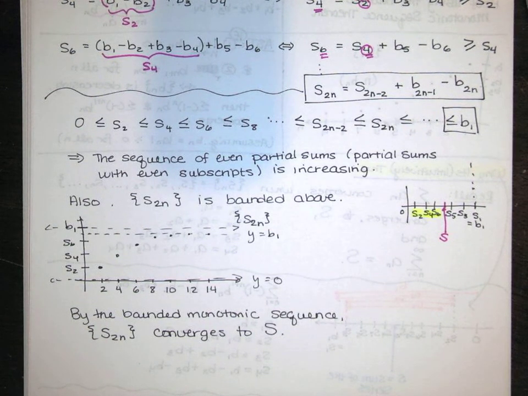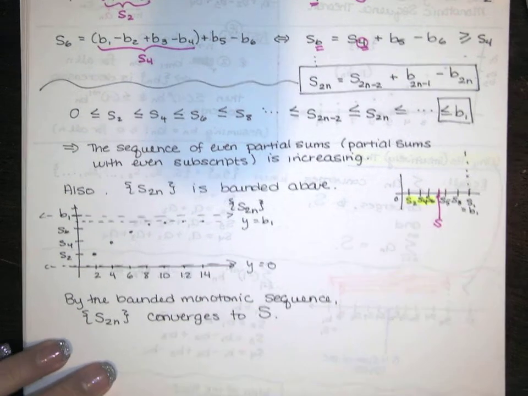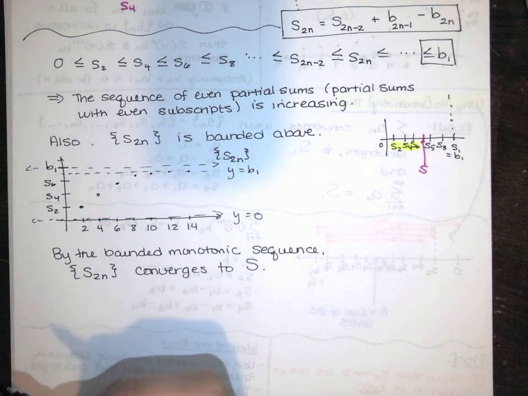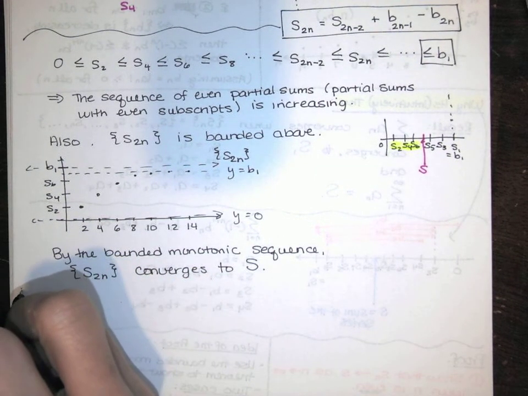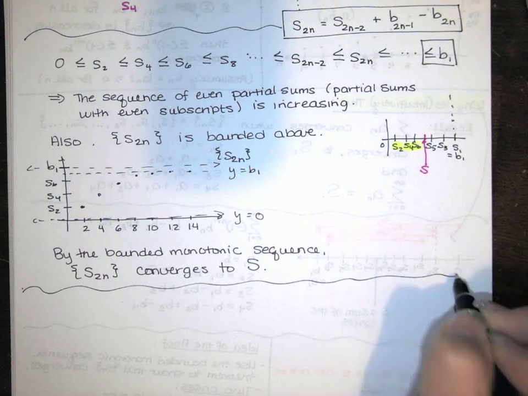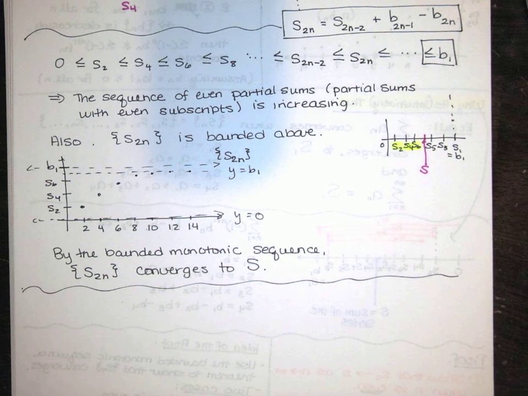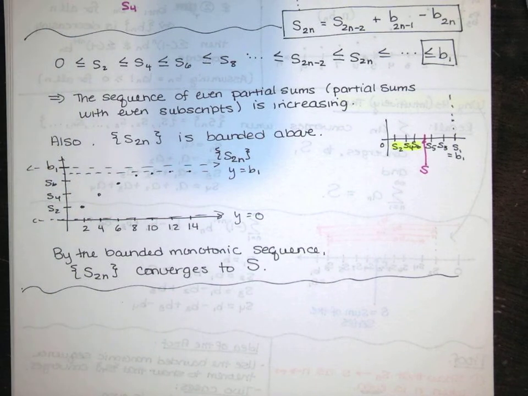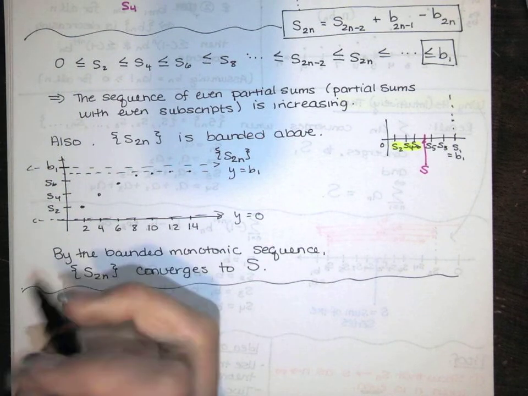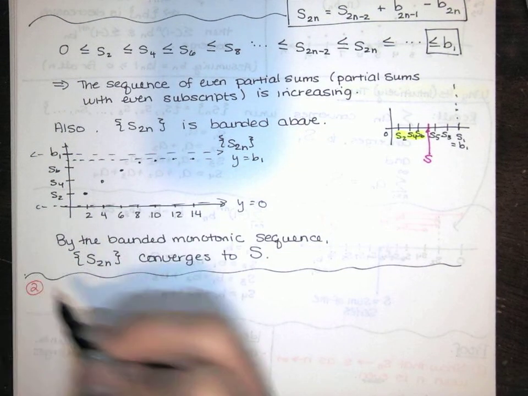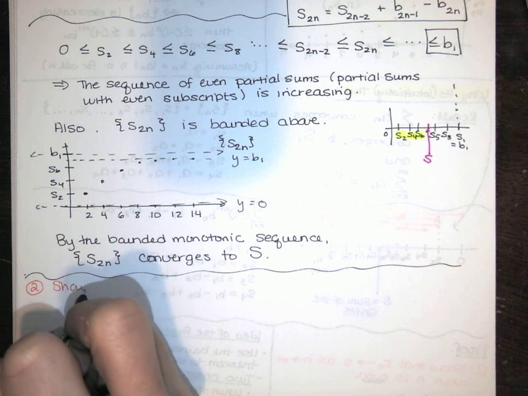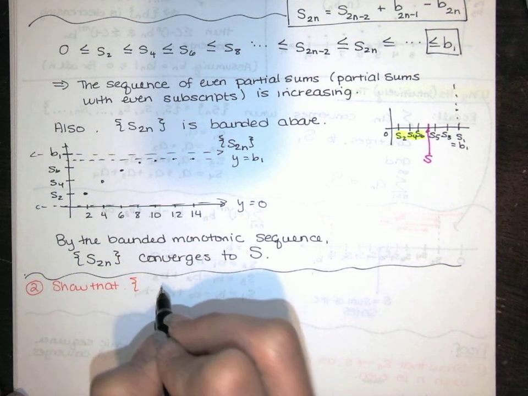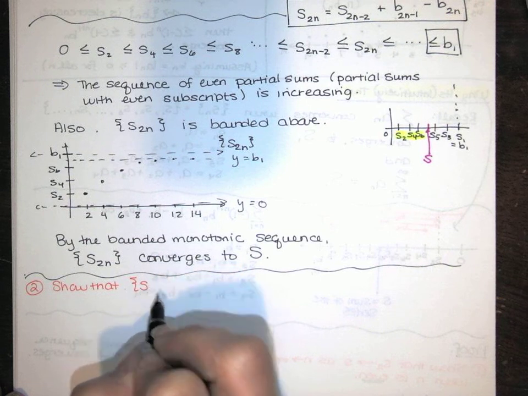Well, what about the other half of the time? Let's look at the sequence of partial sums when the subscript is odd. So this is the second part of our proof. Now we want to show that the sequence of partial sums when the subscript is odd, which can be represented this way.